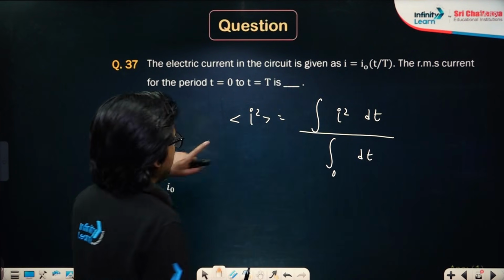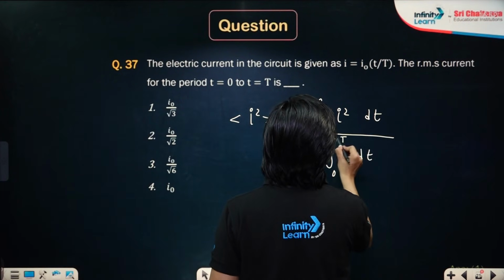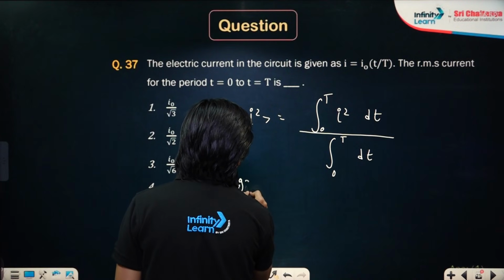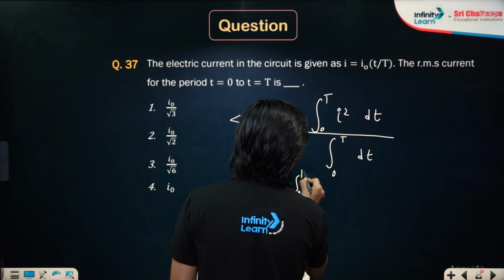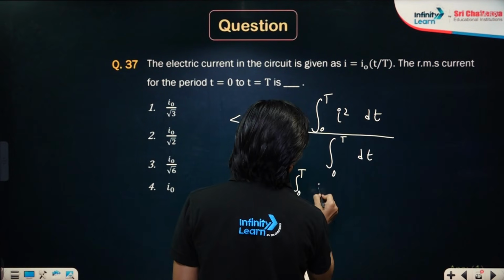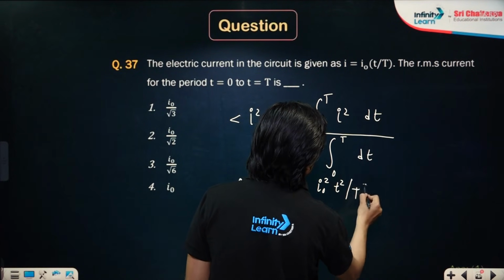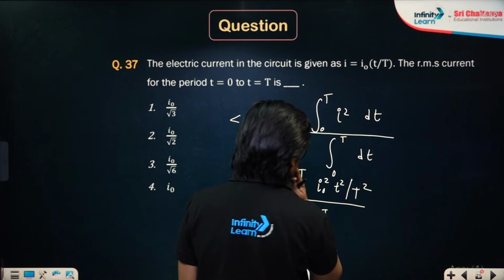Okay, so suppose from 0 to capital T, this is the period. Now you can write 0 to capital T, in place of I square, I naught square small t square divided by capital T square, divided by this time interval, which is again capital T.